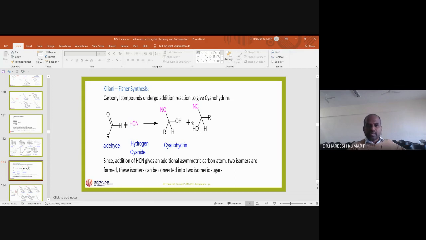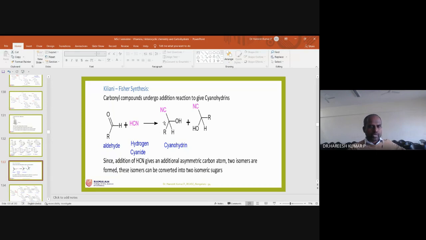That is the reason it is possible to get two products, and it is an addition reaction. And what is the name of this compound? Cyanohydrin. This group is called cyano and this is hydrin. Hydrin means OH. Is it clear? Is there any doubt in this one? So this is only the addition of HCN to the carbonyl compounds.